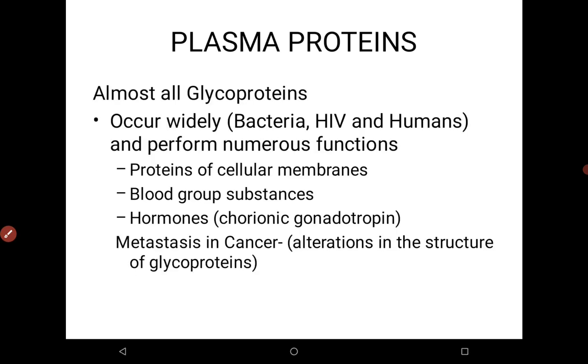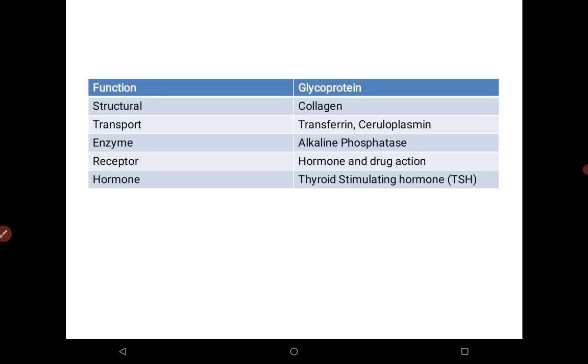albumin. So most of all glycoproteins occur widely. Bacteria, even humans, perform numerous functions. Okay, so proteins of cellular membranes, blood group substances, hormones. Also hormones such as the gonadotrophins are glycoproteins, and those are the functions of certain types of glycoproteins.